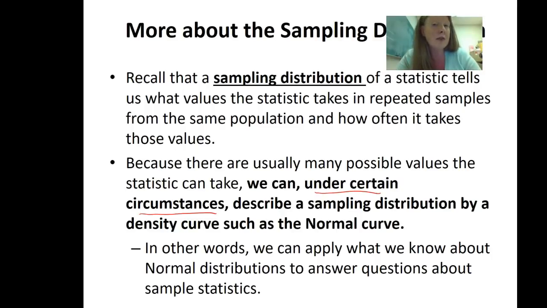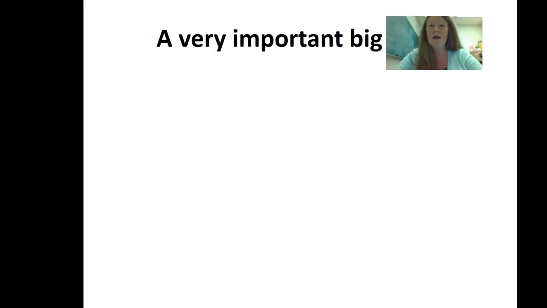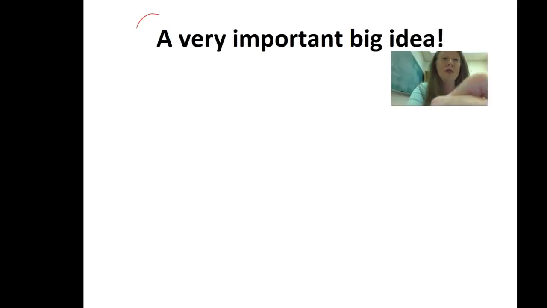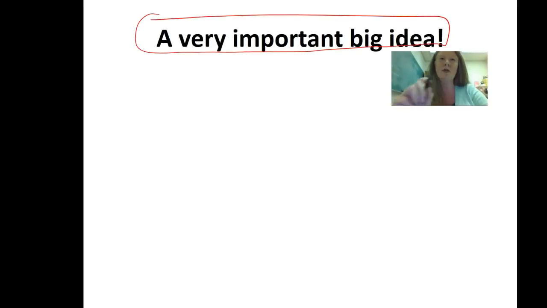So we can apply, for instance, the empirical rule. We can convert values to z-scores, and then we can use table B. So we're going to do a lot of what we've already been doing, only now, rather than working with one individual value, we're working with a sample statistic. So I wanted to make sure that I let you know this is very important, so pay attention.